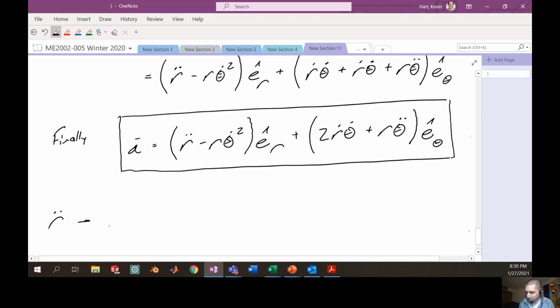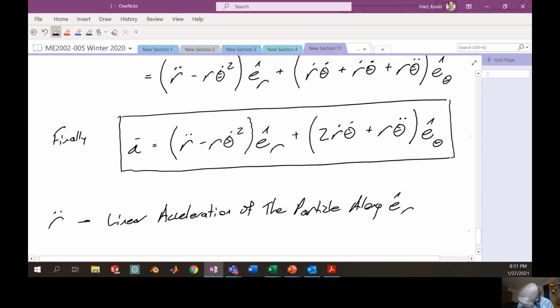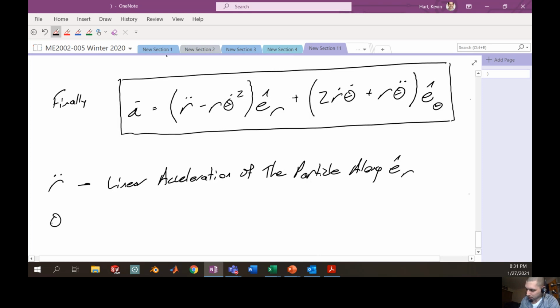So here, r double dot is the linear acceleration of the particle along e hat r. And theta double dot is the angular acceleration of the particle P.